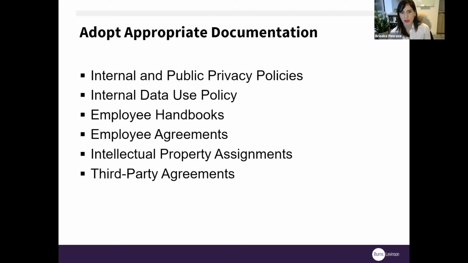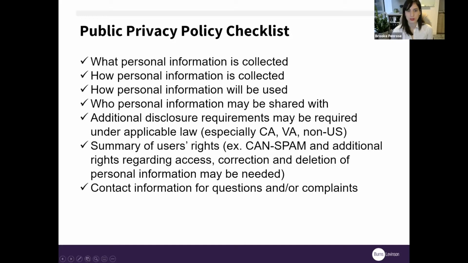Next, we're going to talk about intellectual property assignments. And finally, we'll talk about typical provisions that address data handling obligations in third-party agreements.